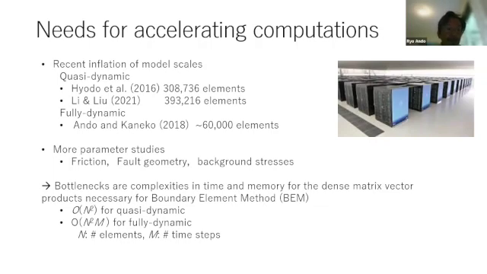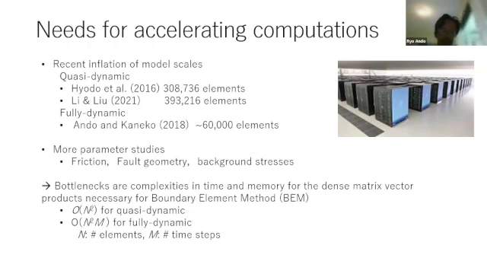And for fully dynamic simulations, Ando and Kaneko treated 60,000 elements. Those are huge. For application purposes, we also need more parameter studies in terms of friction, geometry or background sources. Of course, much more things have to be considered.